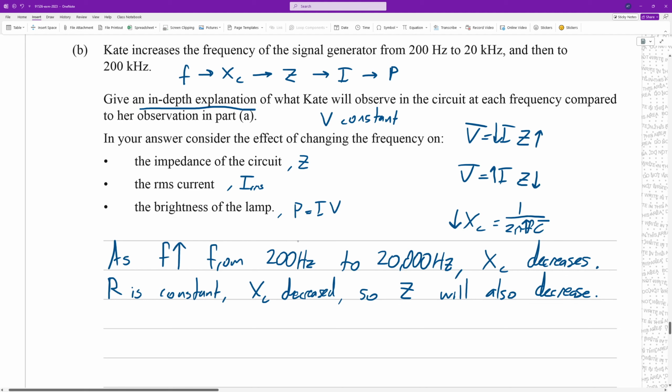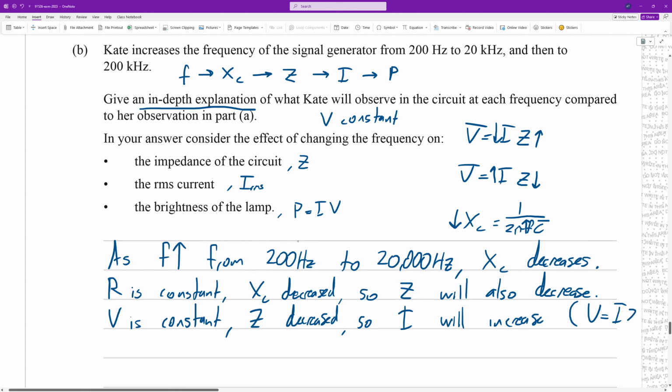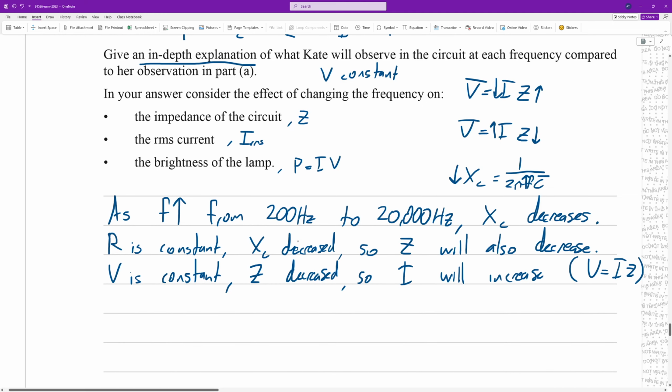Okay, how does this affect current? Well, voltage is constant from the power supply. Impedance decreased. So current will increase. And that's by Ohm's law. Okay, and how does this affect the brightness of the lamp? Again, voltage is constant.